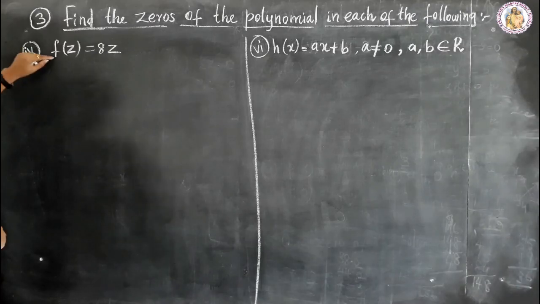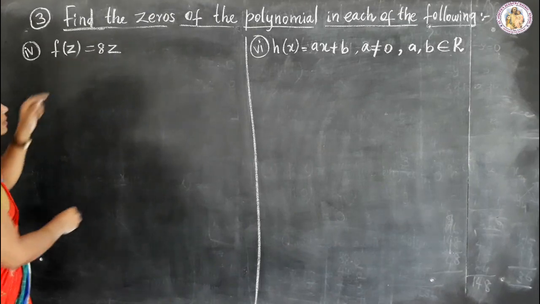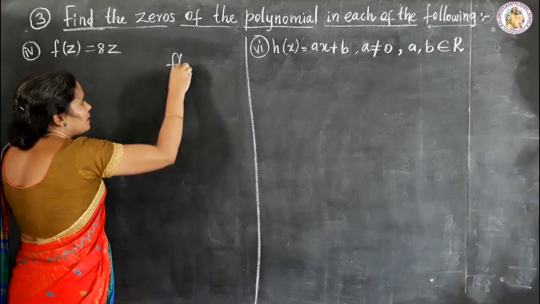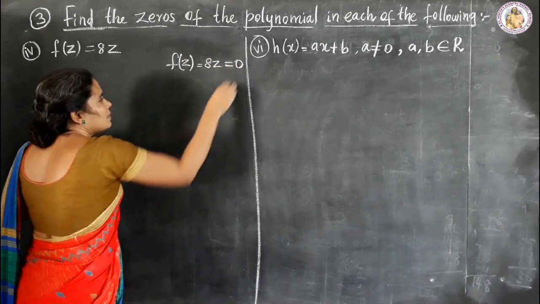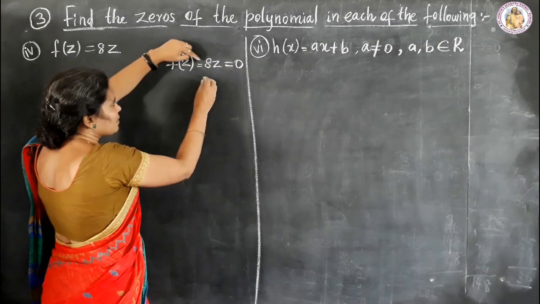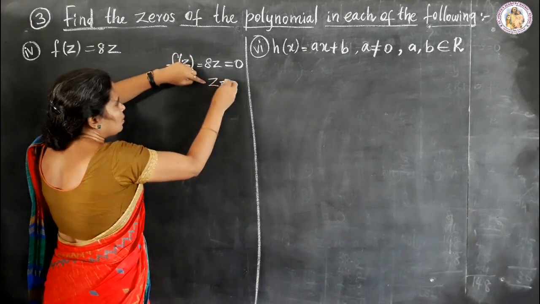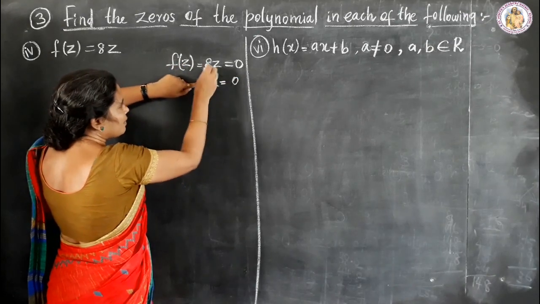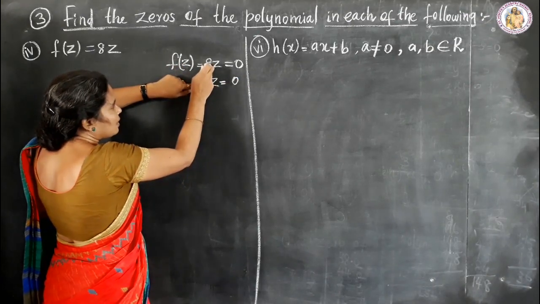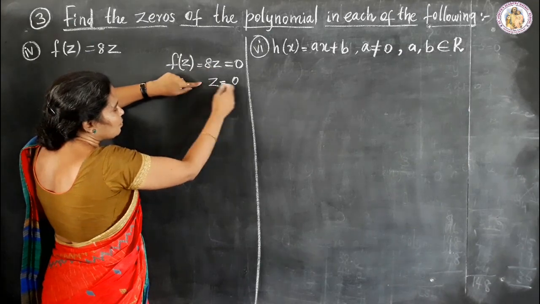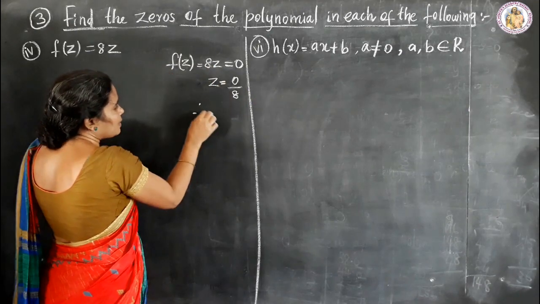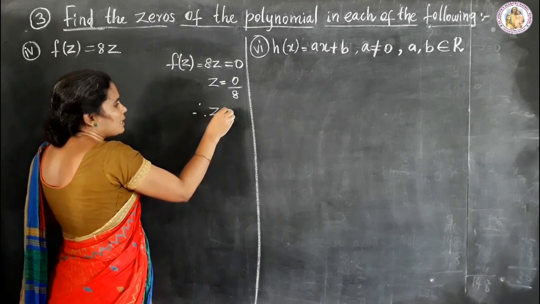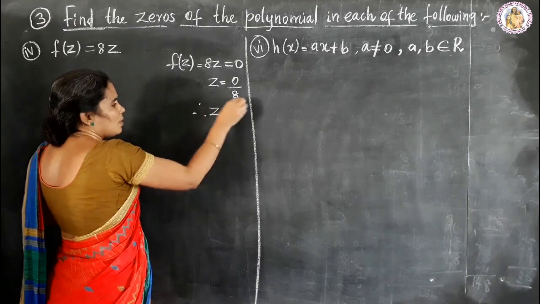Question number 4. F of z is equal to 8z. Okay, f of z is equal to 8z equal to 0. Now consider, have z alone on the left side, 0 divided by 8. Here 8 is in multiplication form, while it goes here it goes for division. 0 divided by 8, any number which is 0 divided by a number is also 0.